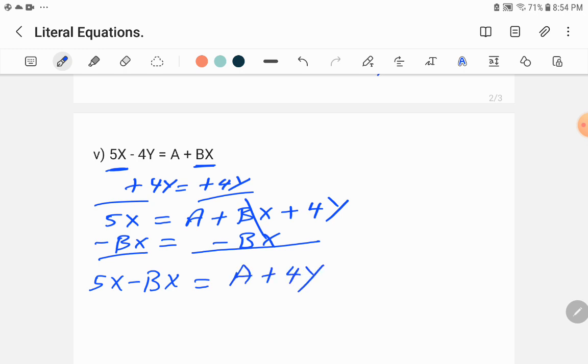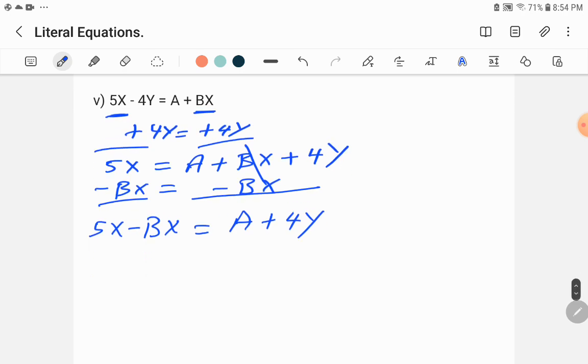So here at this step, we have 5x minus bx. If these were normal numbers, we could just do a subtraction and solve it that way, but we don't know what b is. So here, we'll just do greatest common factor. We have x common here and x common here, so you factor out that x, and then you have 5 minus b equal to a plus 4y.